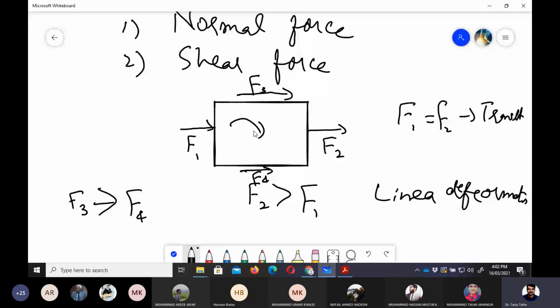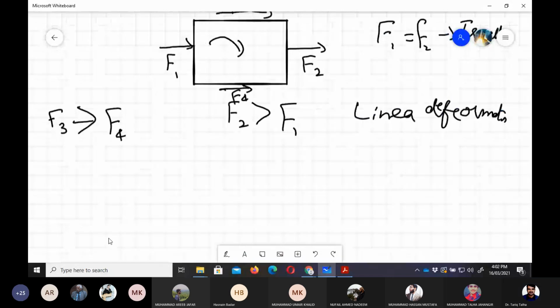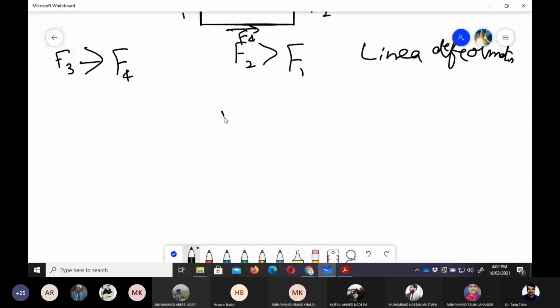But how do we decide which forces would be produced in a flow field? For that, we need to see the velocity at each face of the element. Let me show you another figure. If we talk about a two-dimensional object, we would have the u velocity here and the v velocity here.